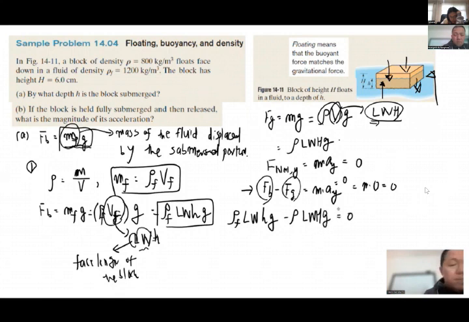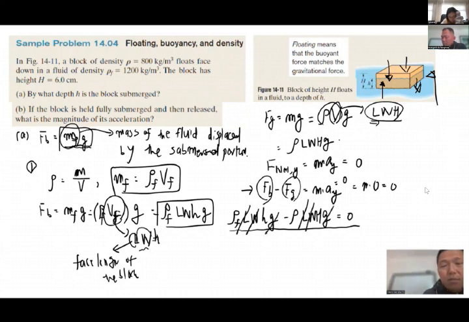From that, you can find the relationship between the height of the box and the submerged portion of the box in the fluid. L, W, and g cancel out of the first and second terms.